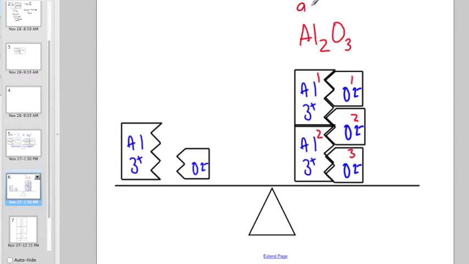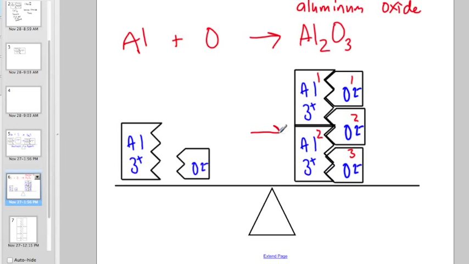The name is aluminum oxide. Well, I started with aluminum, and I reacted it with oxygen, and that made aluminum oxide. Now, this is the right formula. I can see that I have my pieces all fit together nicely. I have to have 2 Als and 3 oxygens for this ionic compound to work.